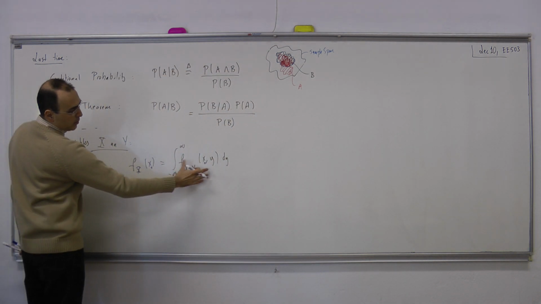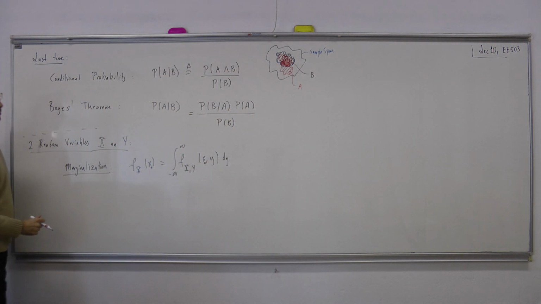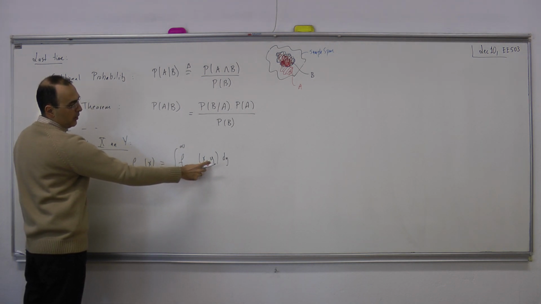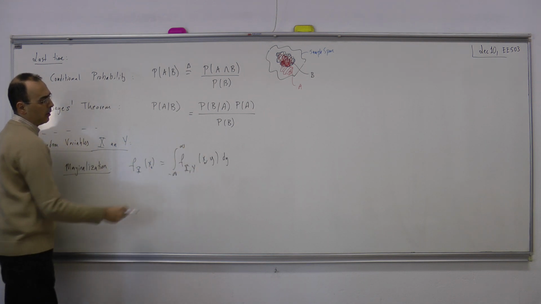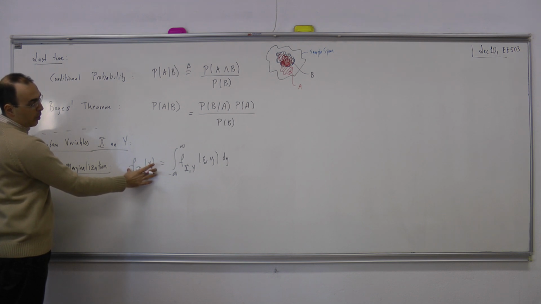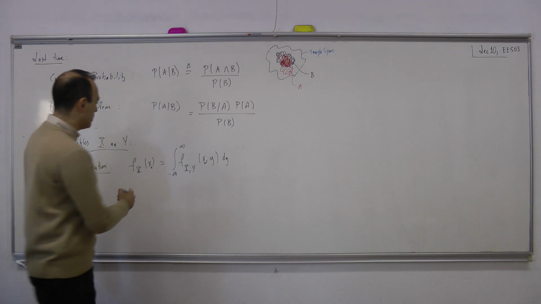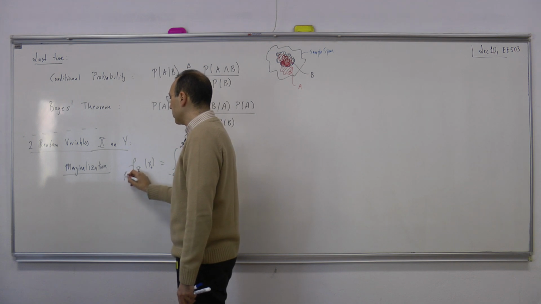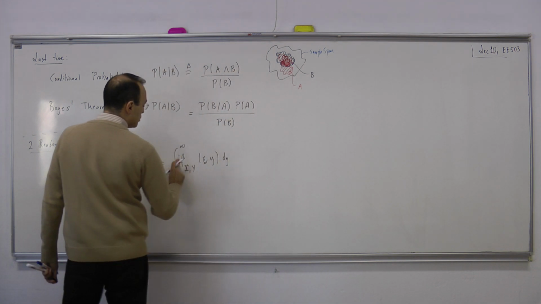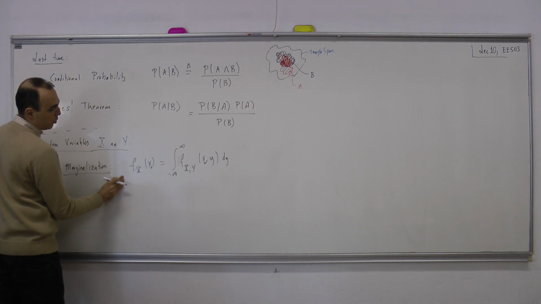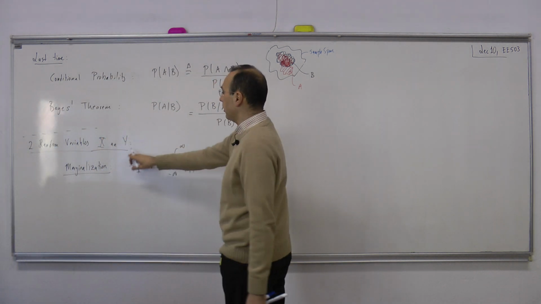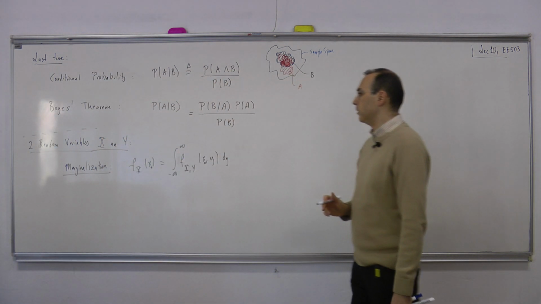This is the joint density of x and y, the joint PDF of x and y. So I marginalize over one of these variables. Marginalize means integrate out. How do you interpret it as a probability? Let's assume that I multiply this part by epsilon, this part by epsilon, then it becomes almost like a probability, carrying the measure of probability.